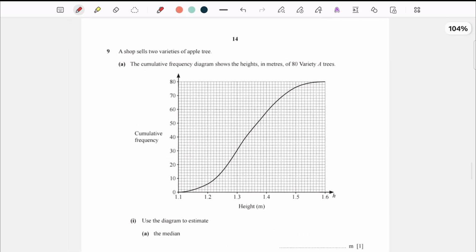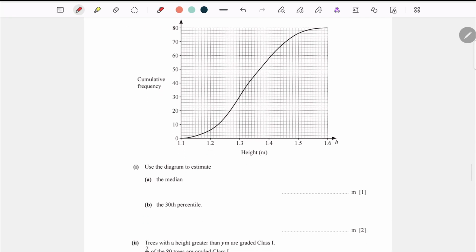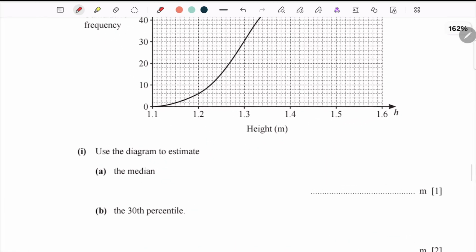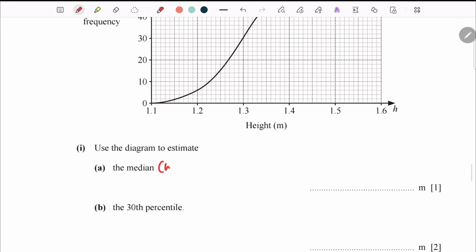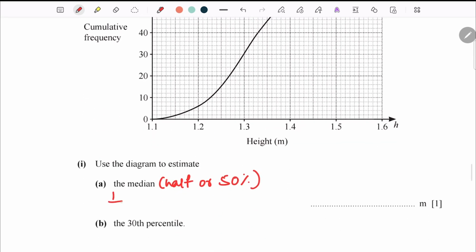Question 9. A shop sells two varieties of apple trees. The cumulative frequency diagram shows the heights in meters of 80 variety A trees. Use the diagram to estimate the median. Median is basically half or 50%. So 50% or half of 80 is 40.